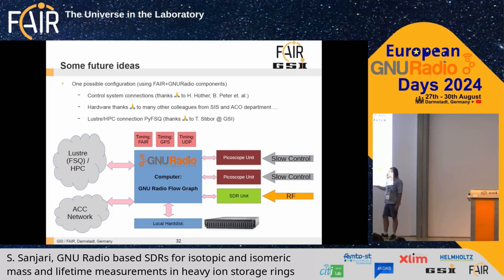We are looking forward to a connection to the accelerator network, thanks to Hanno and his colleagues. And if we could put some picoscope units and an SDR unit in one big box, so that we can control everything through one big flow graph, that would be amazing.